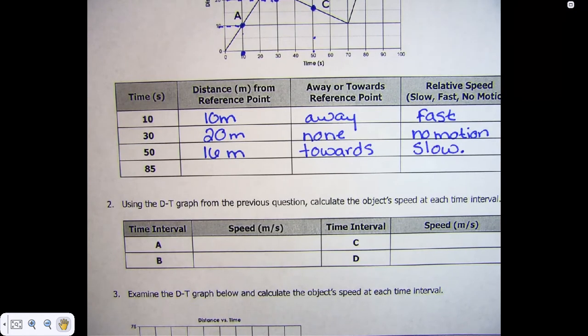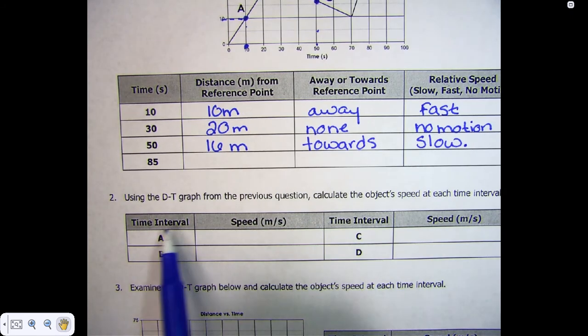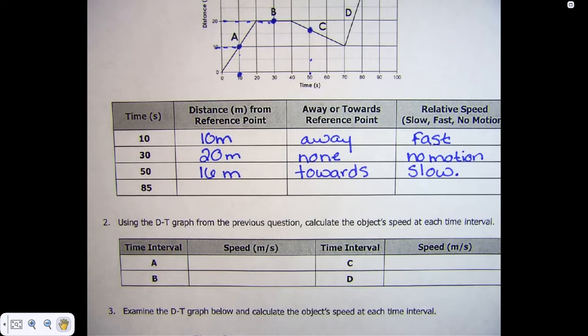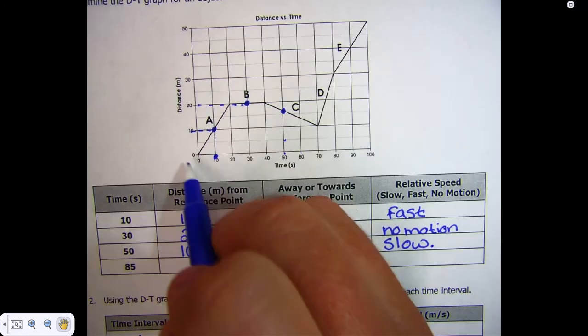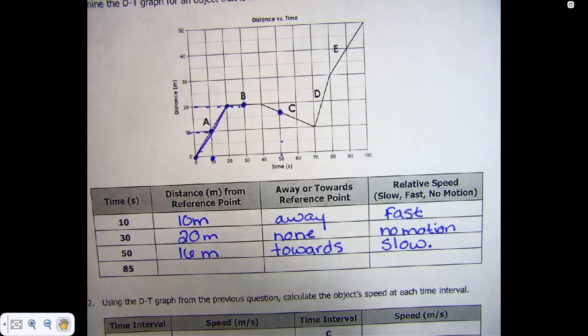Now, let's go down here and look at a couple of these just so you understand what you're doing. You can actually figure out the speed on each interval. And we kind of did it on the last worksheet on your notes. But if I look at time interval A, which is from here to here, so I'll trace the line.